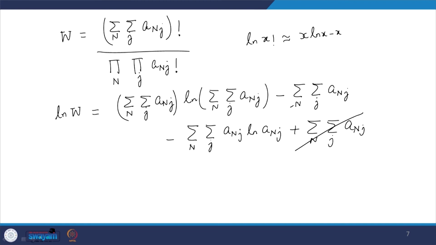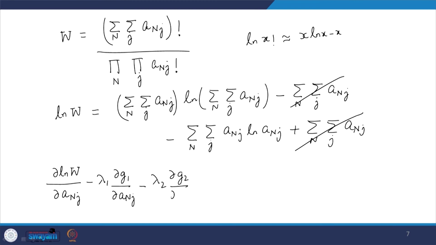So, you will have cancellations, and therefore, if I do dou ln W by dou a_{N,j}, minus lambda 1 dou G1 by dou a_{N,j}, minus lambda 2 dou G2 by dou a_{N,j}, minus lambda 3 dou G3 by dou a_{N,j}.